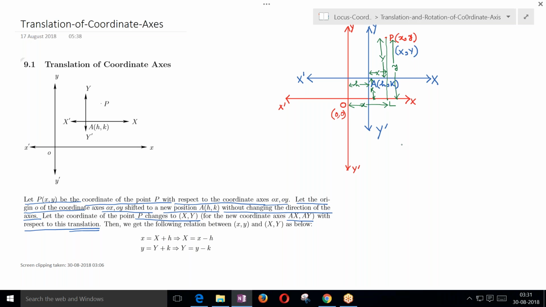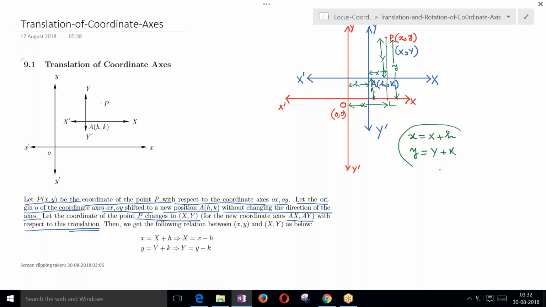Now, if you look into all these steps very clearly, the way I drew this, one thing is very clear: lowercase x is equal to h plus capital X, that is capital X plus h, and lowercase y is equal to uppercase Y plus k.